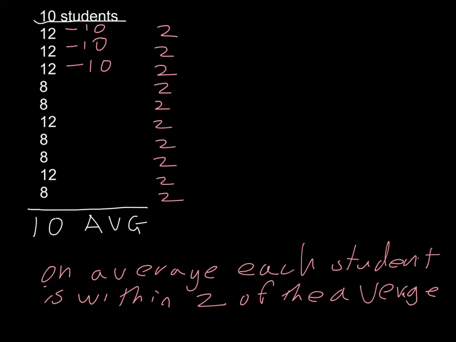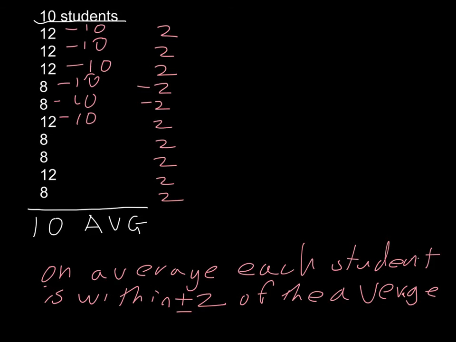And that conceptually is what the standard deviation is. Now, some of these scores were 2 above the average. My 12s were 2 greater than the average. My 8s were 2 below the average. So we would say that our standard deviation was +2 or -2 from the average. Conceptually, that's what the standard deviation is.